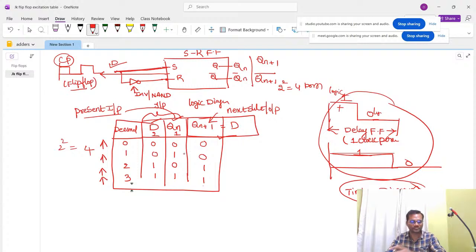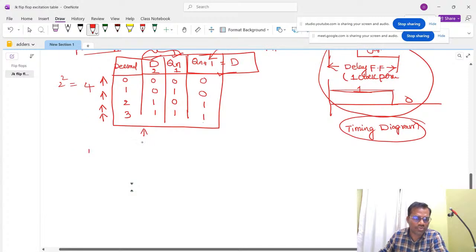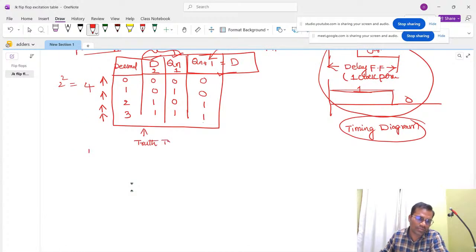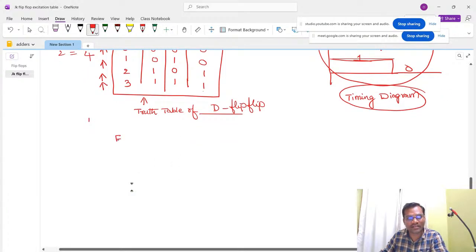So now let us try to develop. This is called the truth table of the D flip flop. But I want the excitation table.